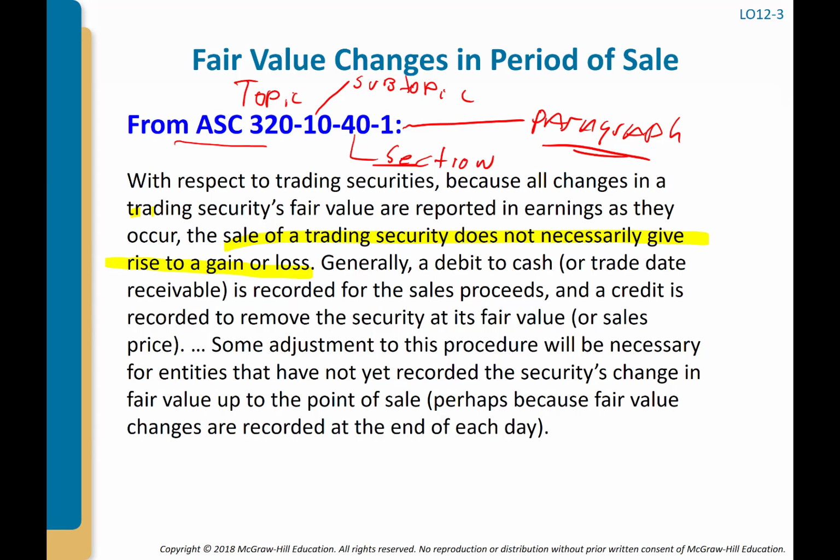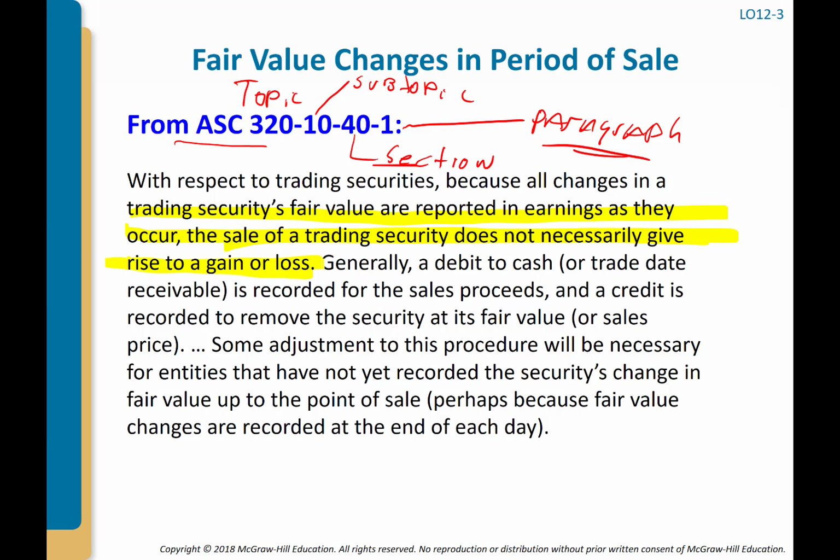Now, ultimately, though, we may not do that as we go along, and we will just go ahead and report the entire gain or loss at the time that we actually sell the security by comparing the market value to the sales price, whatever that happens to be.